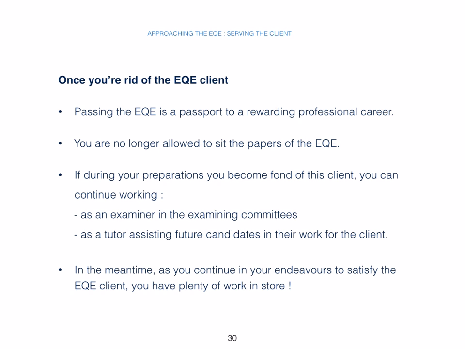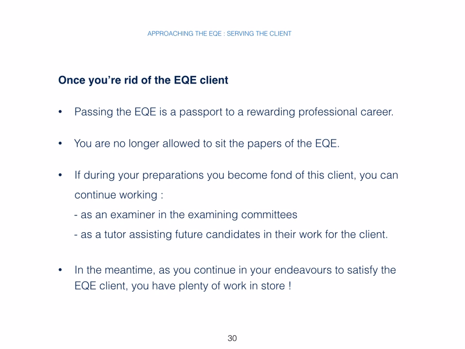Nevertheless, if during your preparations for the EQE you became fond of the EQE client, in other words, you liked working for this client, you can still continue working for this client in different ways. One way is as an examiner in the examining committees, where you will have the opportunity to judge the competence of future generations of trainees.